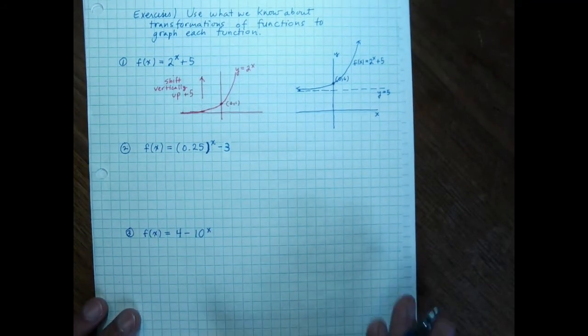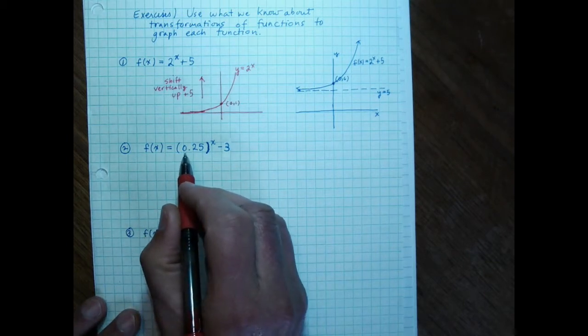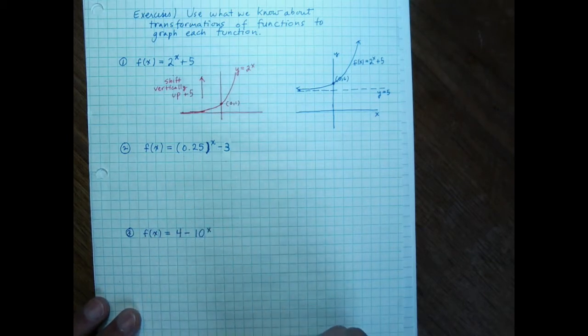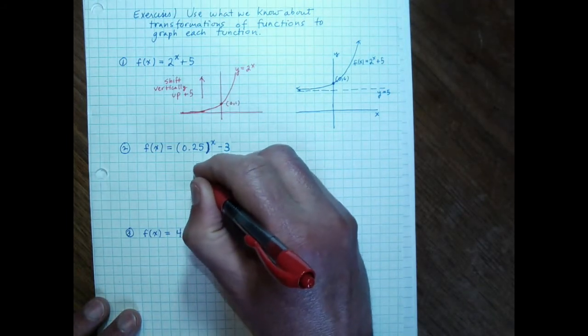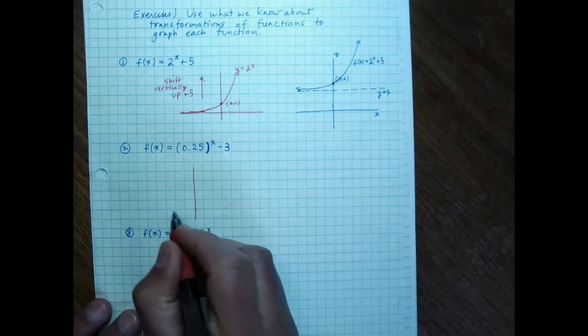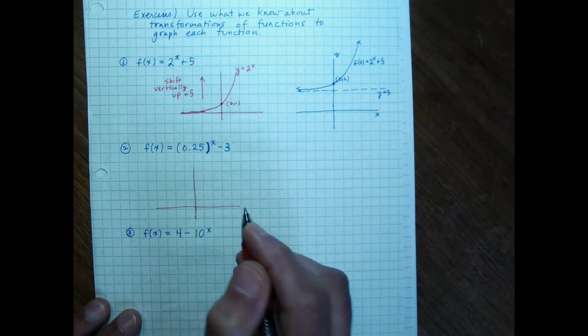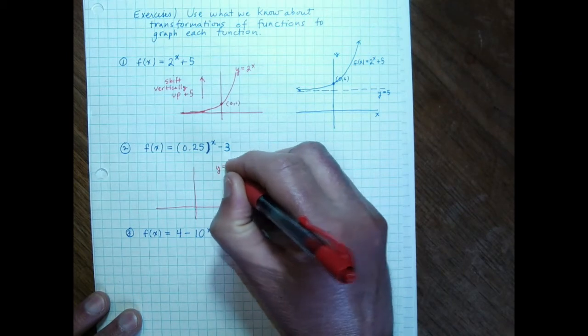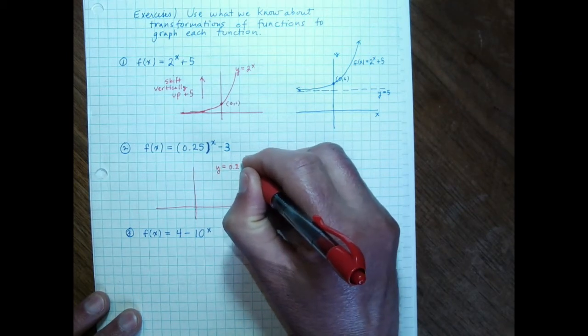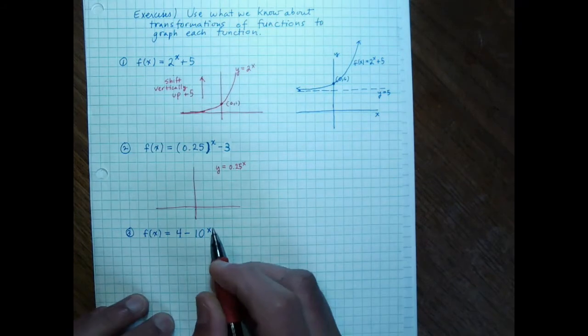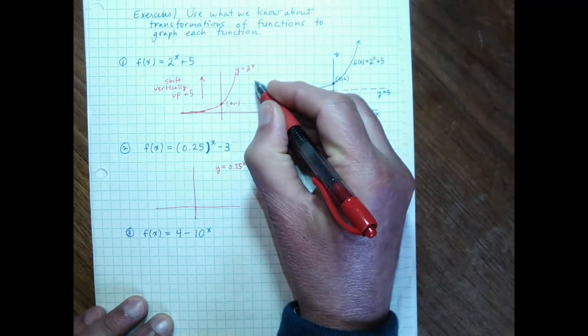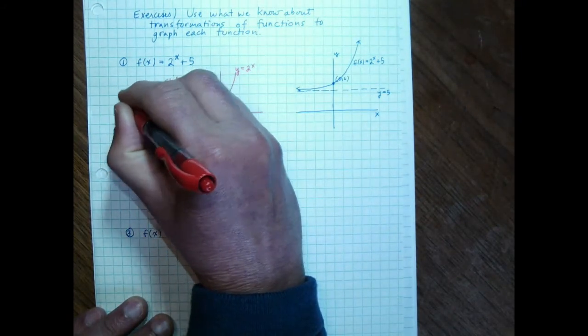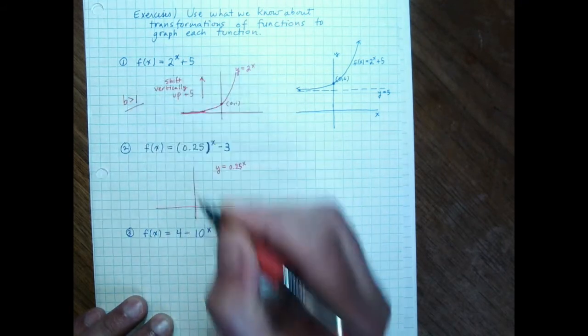Okay, let's try number 2. Number 2 is 0.25 to the x minus 3. So I'm going to start by thinking about the graph of y equals 0.25 to the x. In the first example, my base was greater than 1.